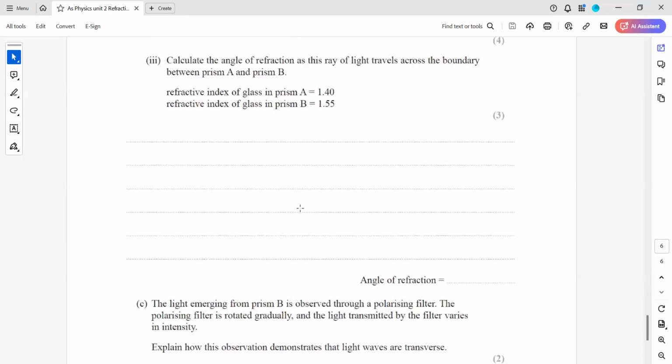Then calculate the angle of refraction. As the light travels, the refractive indices of the two are given. Here from one prism to another, we'll use n1 sine theta 1 equals n2 sine theta 2. You can measure this angle.